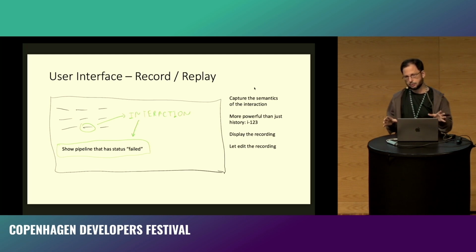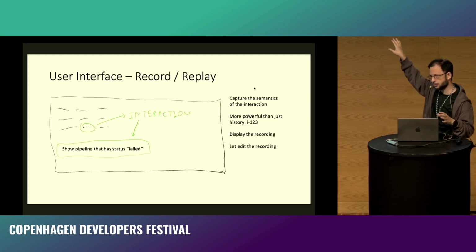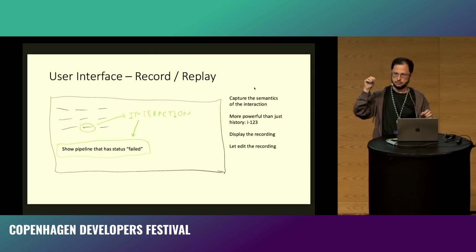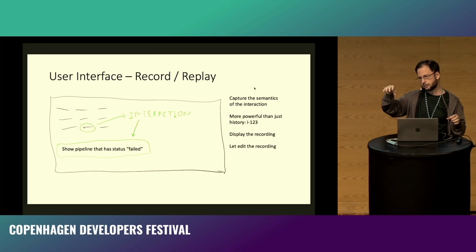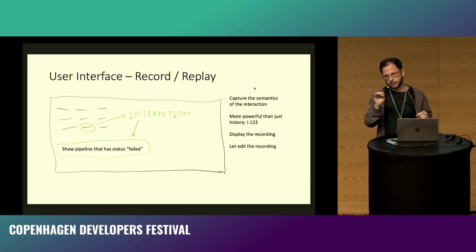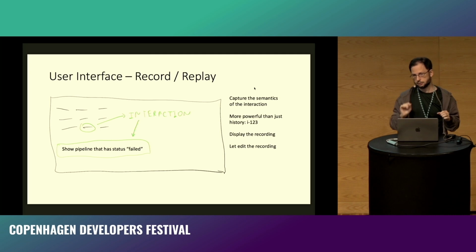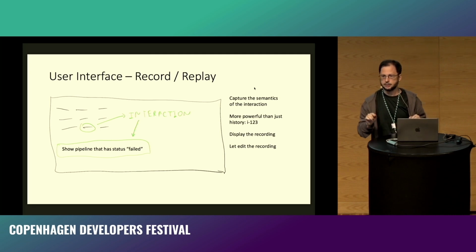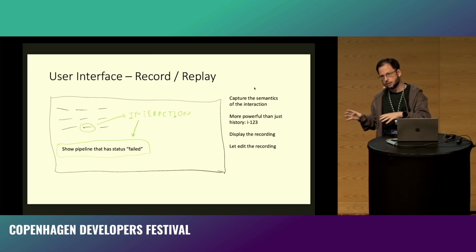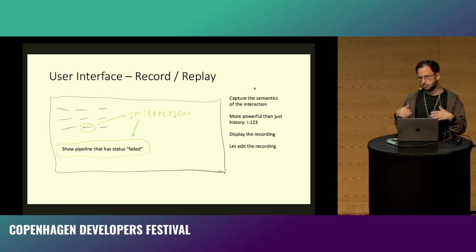Let's take, for example, you have a list of EC2 instances on your screen, and you have just turned off, terminated an instance. This instance has ID 1, 2, 3. But you didn't really interact with 1, 2, 3. You interacted with an instance that had a particular name, was a result of a particular CI/CD pipeline, or maybe it was the most recently launched, or some combination.